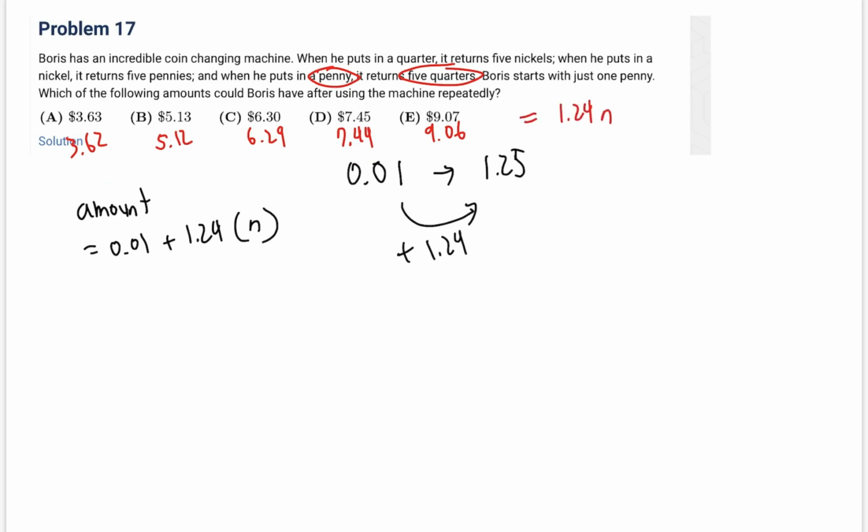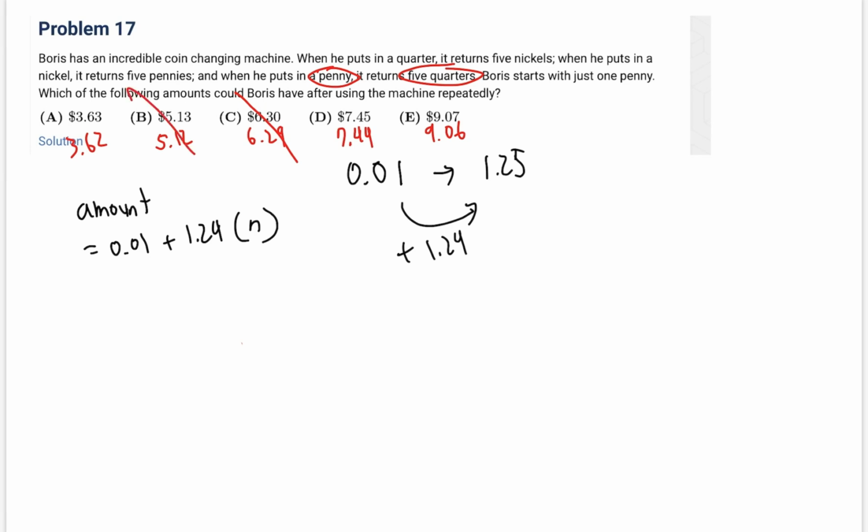So if we divide these by 1.24, first 6.29 is not possible because it's an odd number. Let's try 5.12, so 512 divided by 124. No, 512 is 2 to the 9th power, but 124 doesn't have only 2's as factors, so it doesn't work. So B is out too.